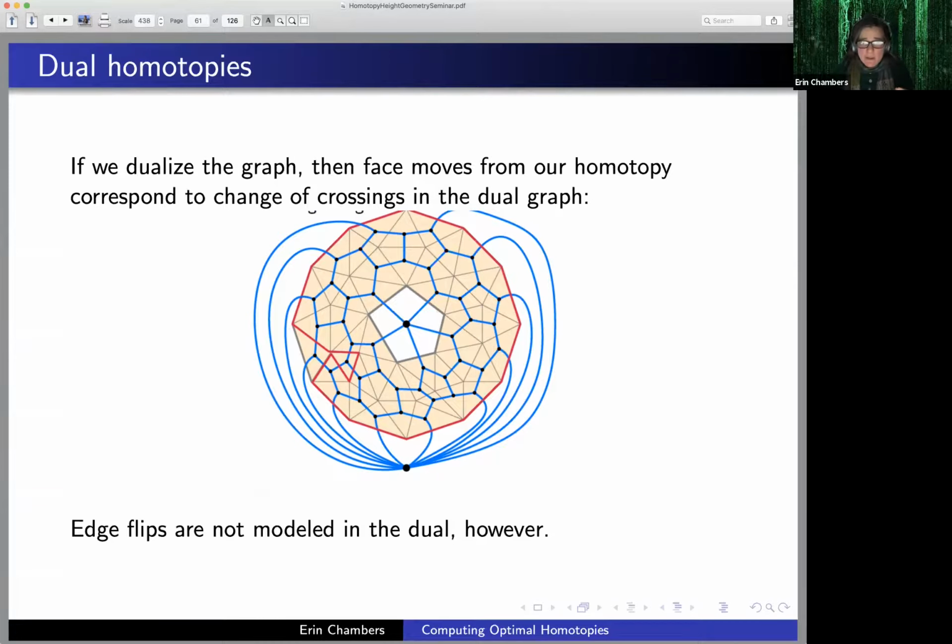And if I flip across a face here, that's saying, well, okay, instead of crossing this dual edge, I'm going to decide to cross these two. And then instead of crossing these two, I'm going to flip here and I'm going to cross these two. So flipping across a face in the primal corresponds to changing intersections in the dual. Pretty standard if you're used to shortest paths or flows on planar graphs.